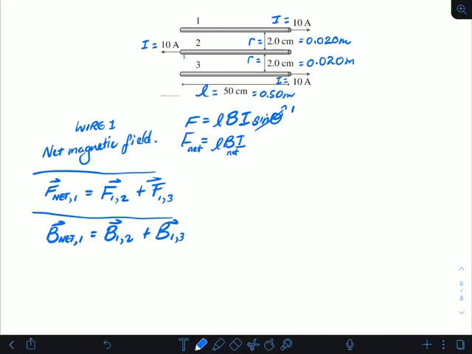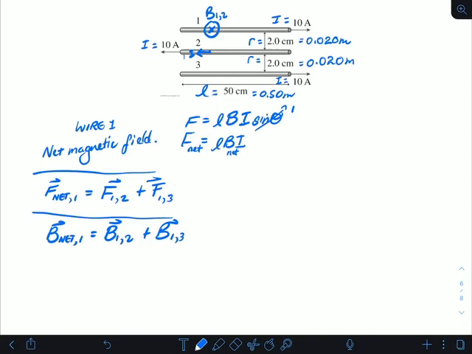If I look at the wire and apply the right-hand rule number 1, pointing my thumb in the direction of the current, I see that the magnetic field at 1 due to wire 2 is into the page.